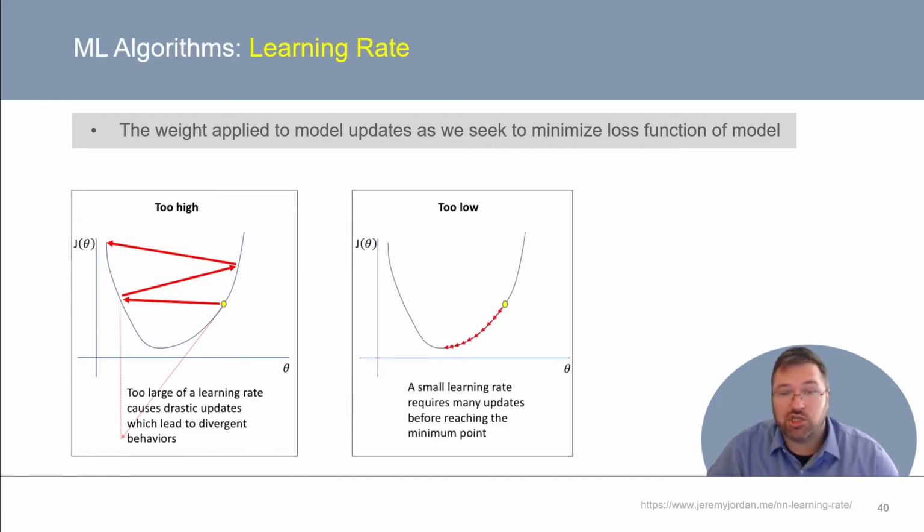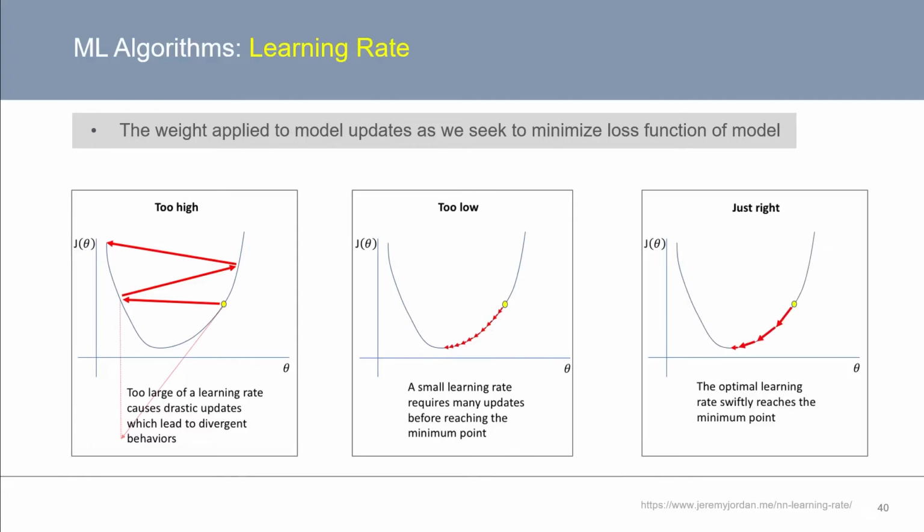If the learning rate is too low, it might take a large number of meta model updates before the minimum of the loss function is reached. And ideally, we would pick a learning rate that is just right, allowing the algorithm to swiftly reach the minimum of the loss function, yielding a regression model with low error.